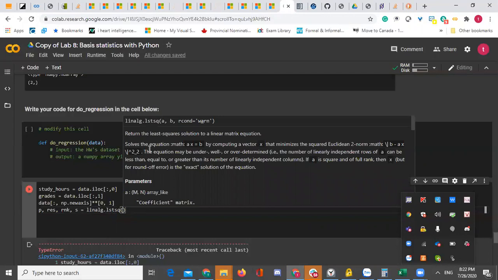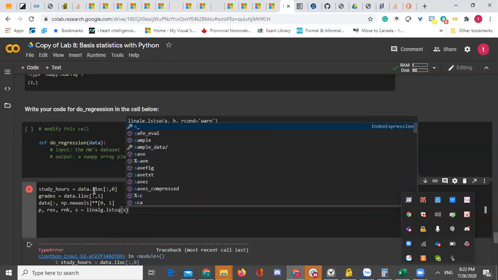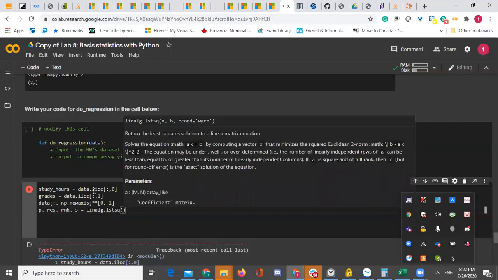So it will take the A, the B, and record. Okay. So our A is 30 hours, right? No, A is the matrix of 1 and 30 hours.